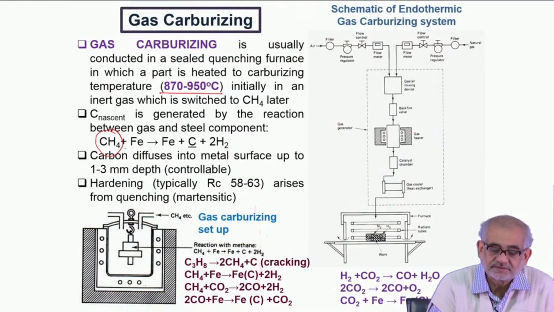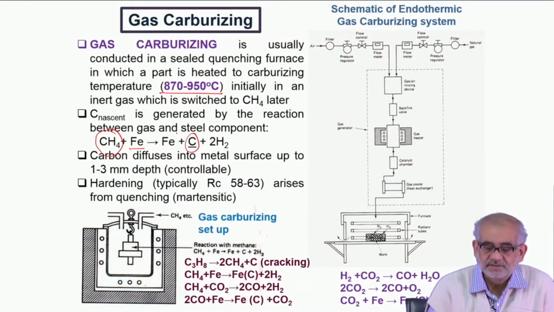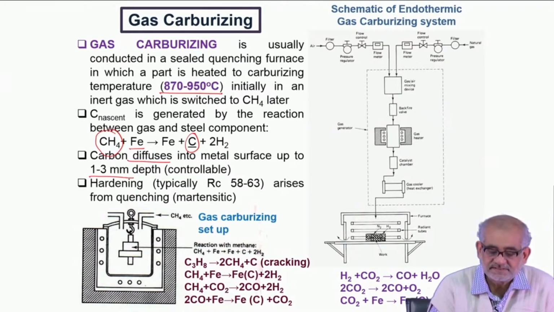Hot metal means heated solid steel surface, and it liberates nascent carbon. And this nascent carbon is the species which diffuses into the material as deep as a few millimeters. And this can be very easily controlled because everything is in gaseous state. So precise control of temperature, time of exposure, and certain other things can be easily managed.